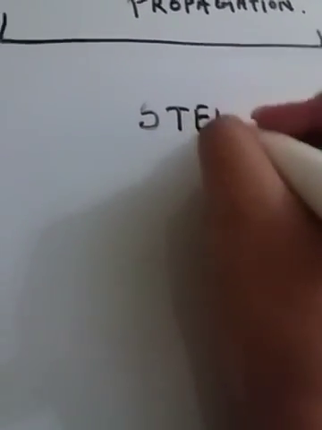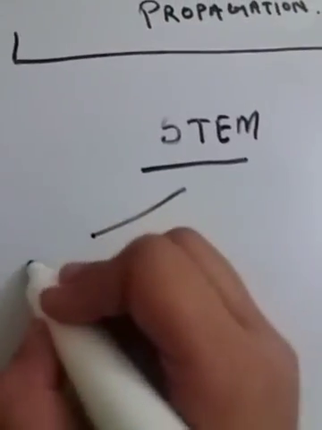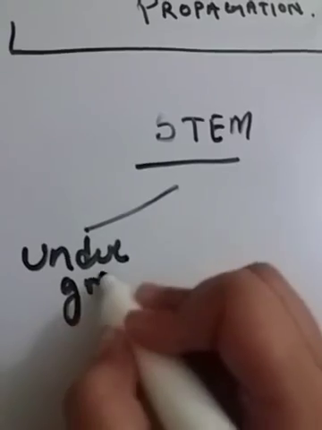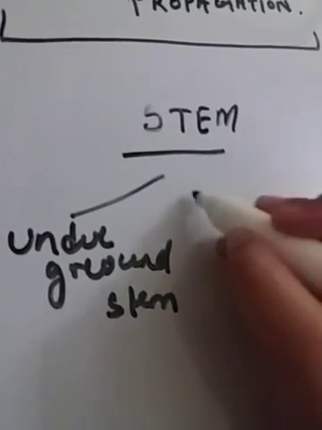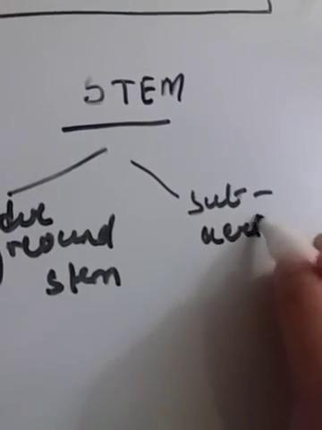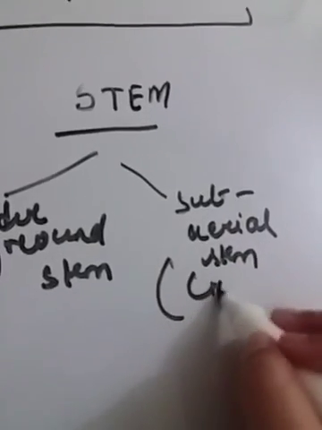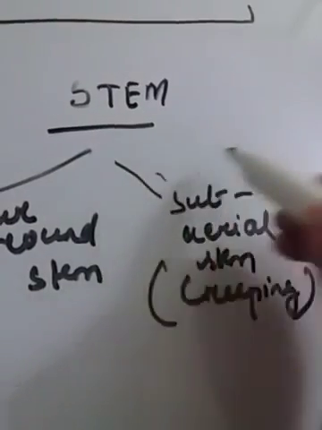Stem. Three types: underground stem, subaerial stem, also known as creeping, and aerial stem.